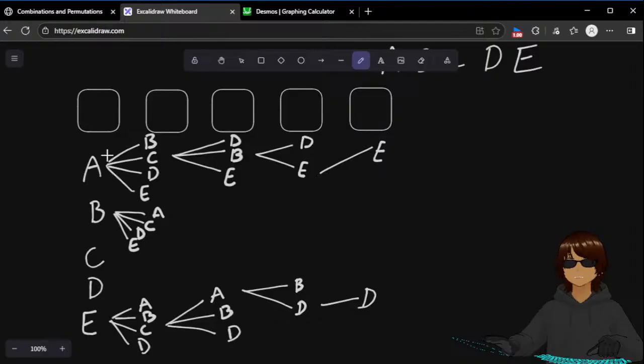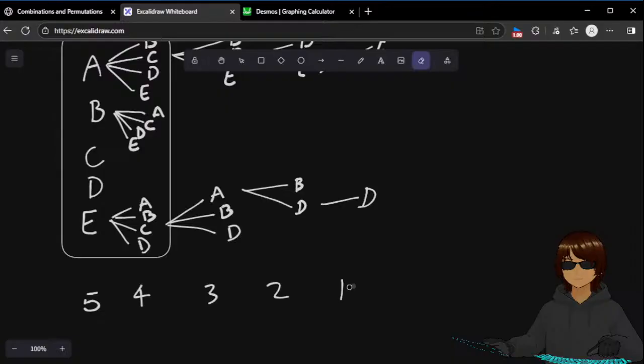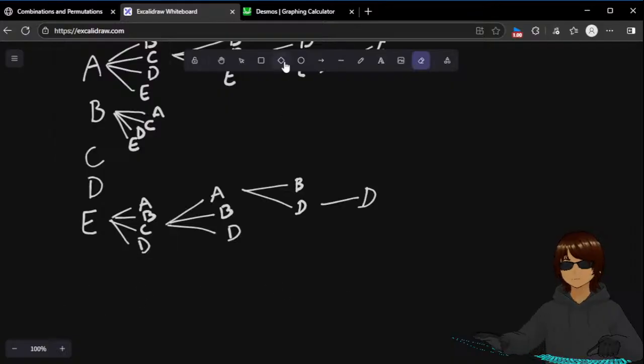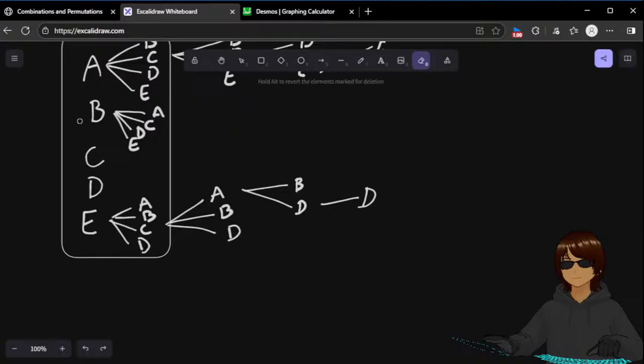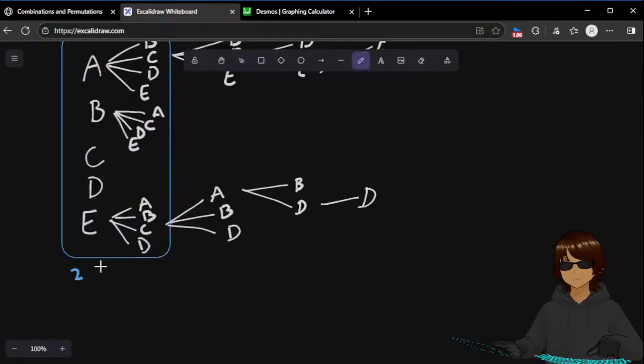So together there will be 20 different options for the first 2 boxes: 5 times 4, 20 options in total.